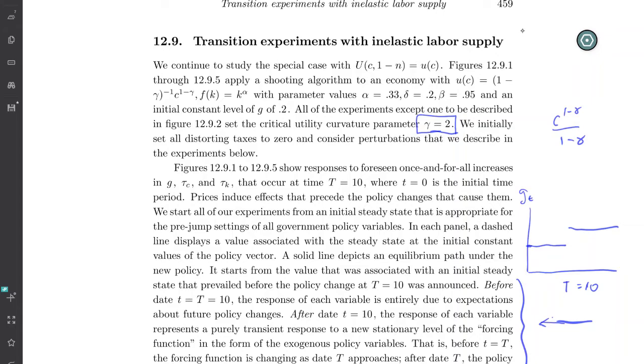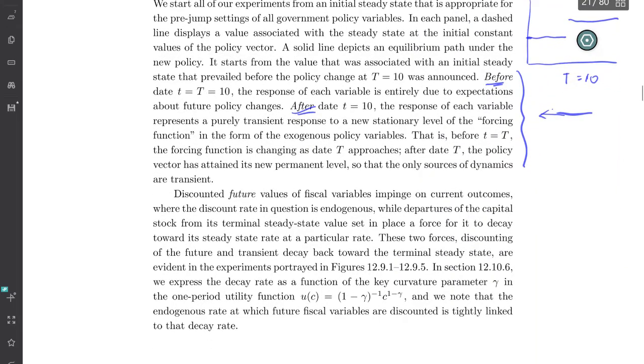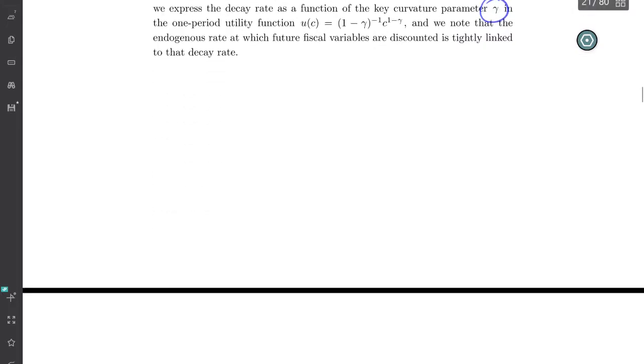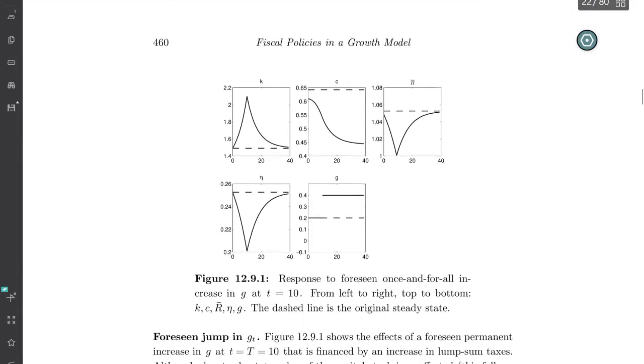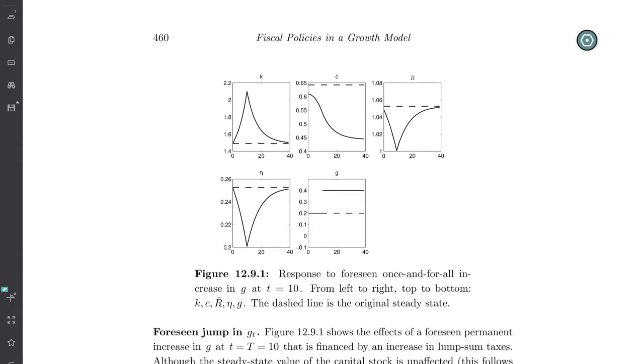So this before and after is going to involve some mathematics that you've seen, and then this gamma parameter is going to be really important in what happens. So let's do the shooting algorithm, and let's turn it on in Python in some computer language.